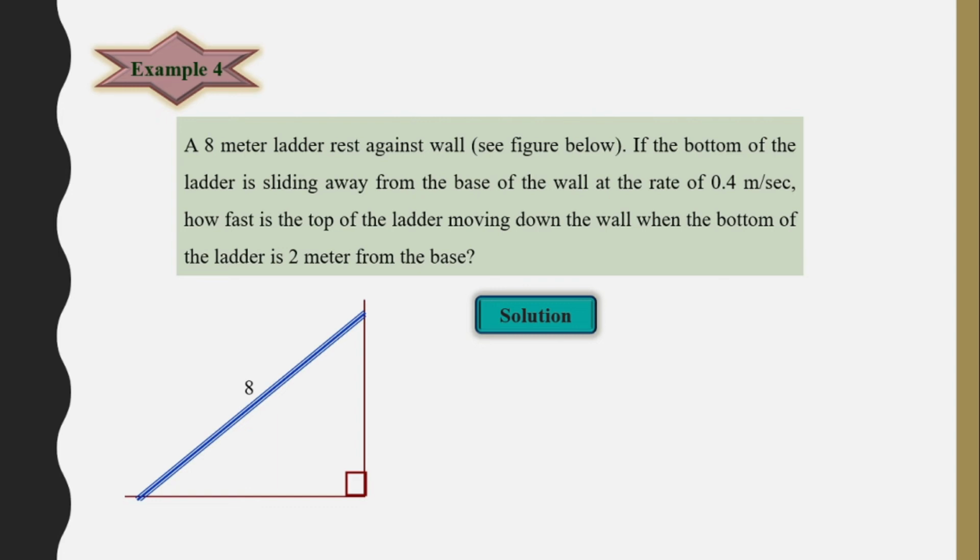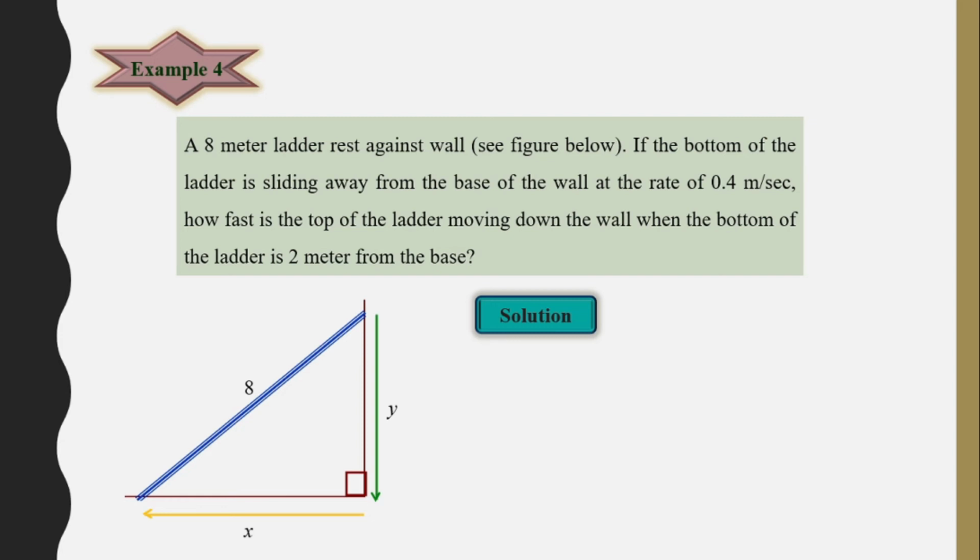Since we have the figure of the situation, we let x be the distance in meters from the base of the wall to the bottom of the ladder, while y be the distance in meters from the top of the ladder to the ground.